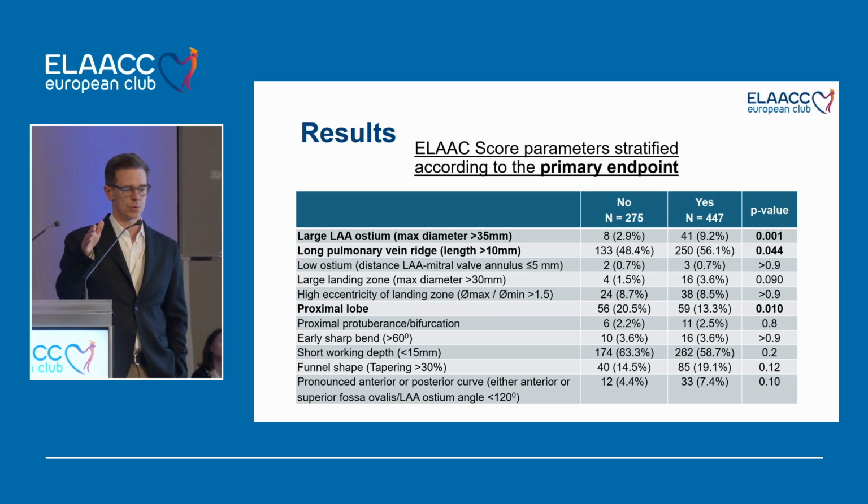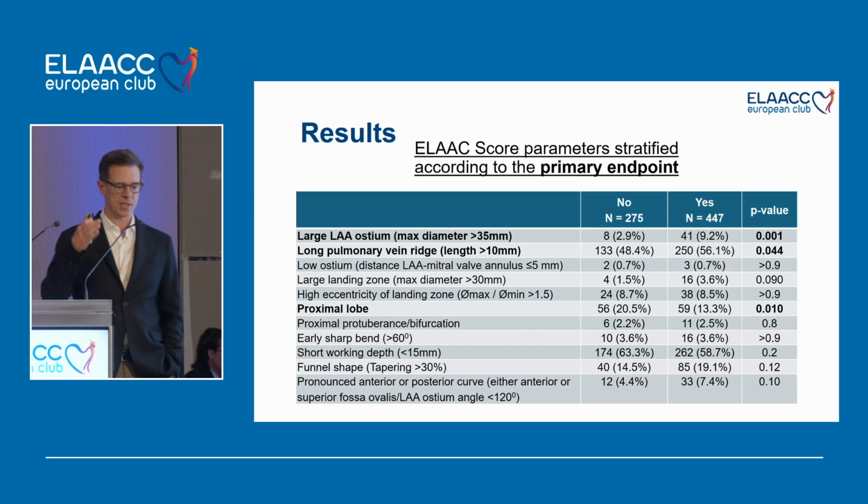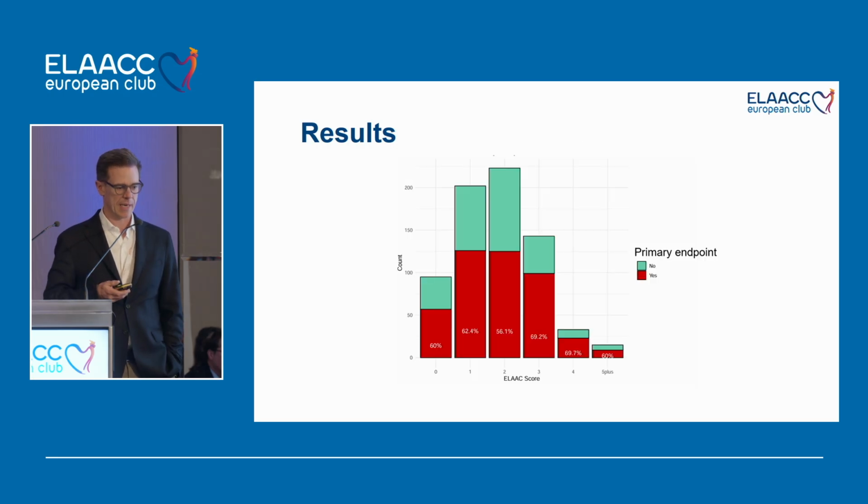So if they contributed to the primary endpoint and there was a significant difference, this was true for large ostium diameter, which was defined in the ELAACC score as more than 35 millimeter, and a long pulmonary vein ridge length more than 10 millimeter, and a proximal lobe. So these were the binary ELAACC score parameters that were significantly more frequent in patients that suffered from the primary endpoint.